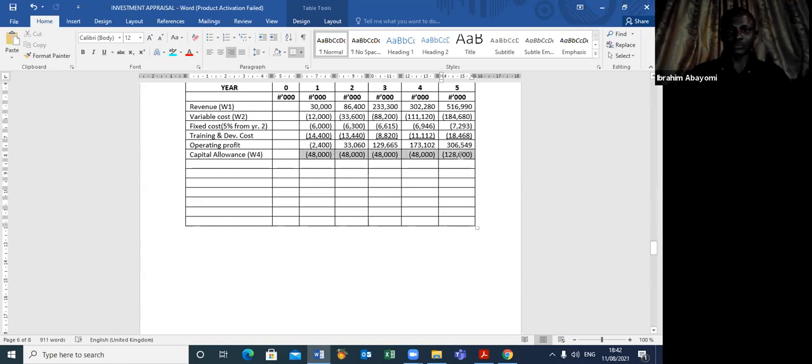The moment I have this, I will now get my taxable profit. Let me see if I can do this once. Okay, good. It can be done once. Thank God. So that will give me my taxable profit. Let me go and compute my taxable profit.